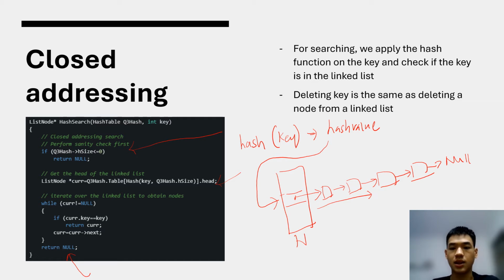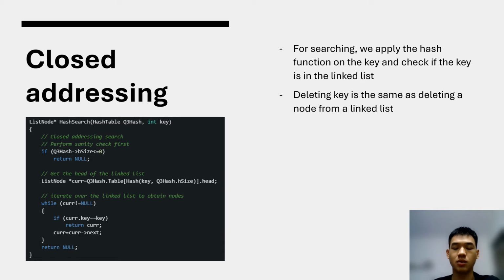So the next thing would be deleting, and the concept of deleting is really similar to how you delete an item in a linked list. And the idea of how the search would be done is how you would apply the delete. What do I mean by that is, given a key, again, I will get the hash value. So this is my hash value. With the hash value, I will then go to a certain slot in the hash table and I'll perform the delete.